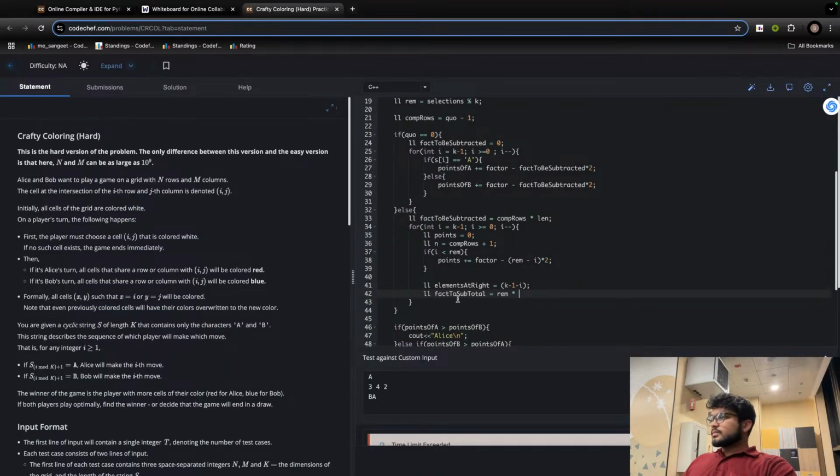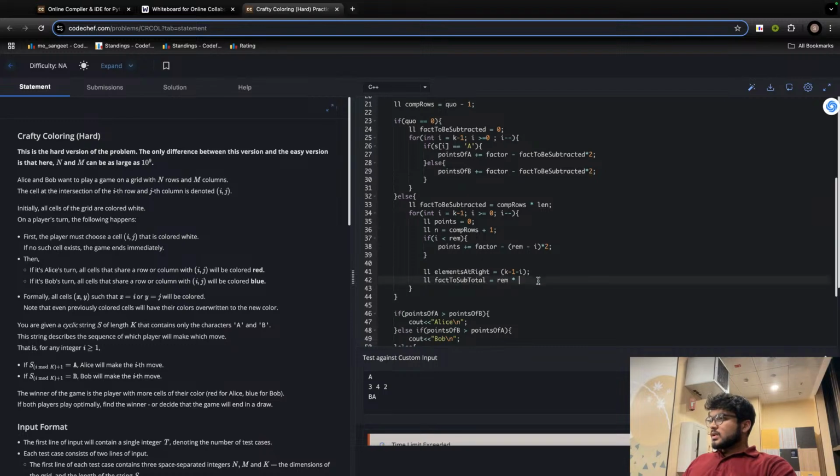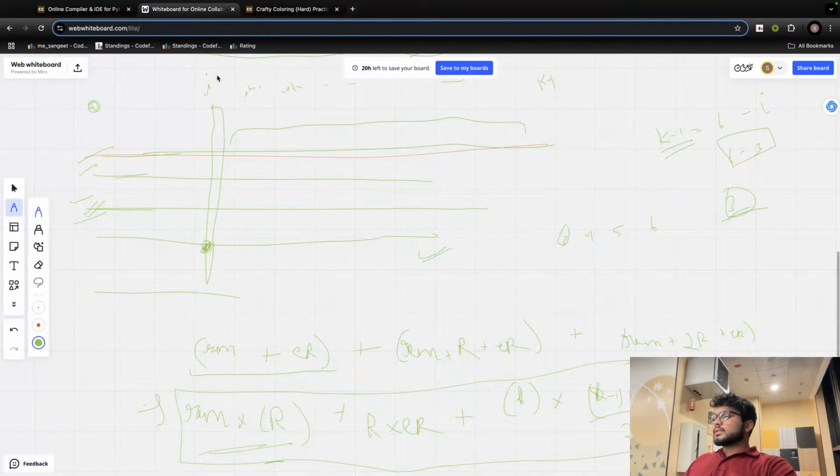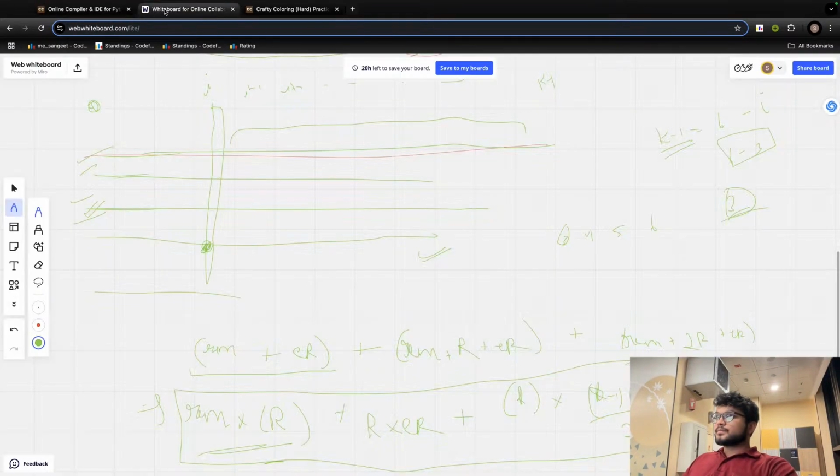So remainder into quotient. What else? Elements at right into quotient. What else? Quotient. Okay, wait.